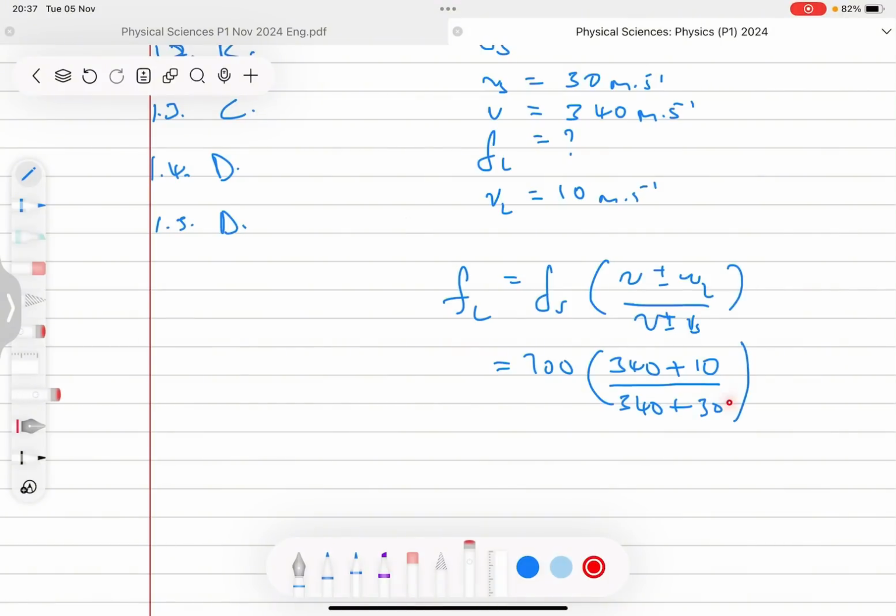Why? Because if we put a plus here, we'll get a bigger value, and if you divide by a bigger value, you get a small number. When you add, the number gets bigger, and dividing by a bigger number gives a small value, and that small value will be the frequency that's detected. So in this question, we have a combination of the two: the listener going towards the source and the source moving away from the listener. We're going to get a value that's in between.